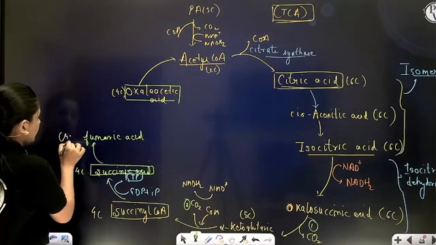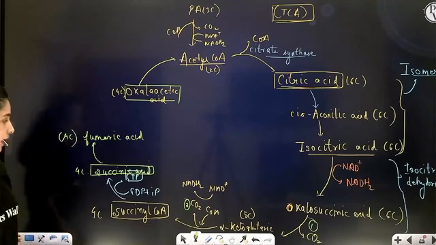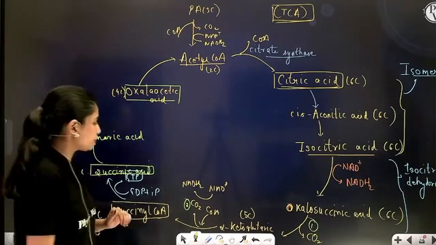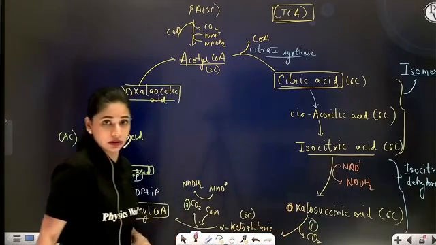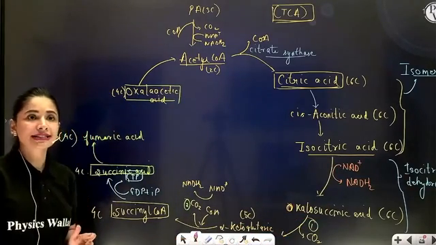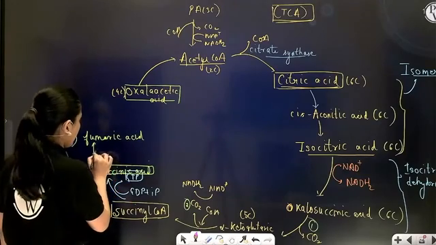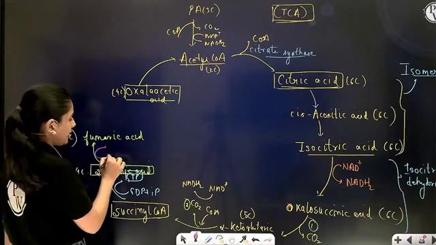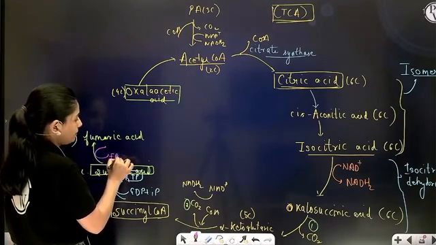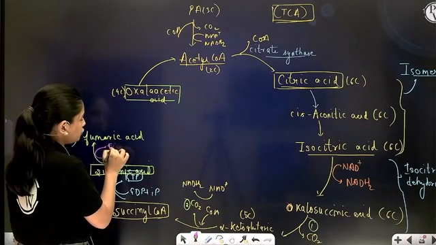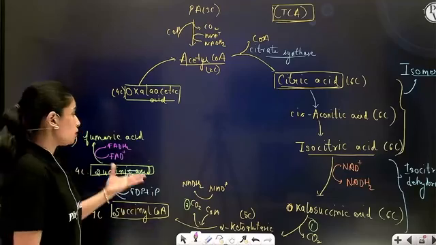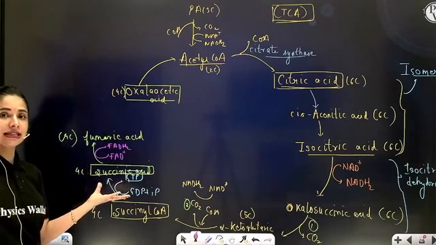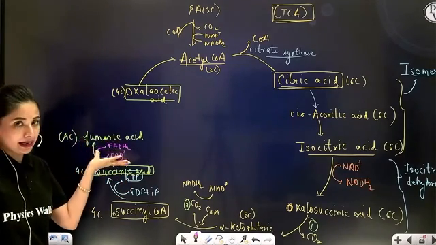In that case, this succinic acid will now be converted into another 4 carbon compound called fumaric acid. Right? Now the conversion of succinic acid into fumaric acid is also an oxidation reaction, but here the oxidizing agent is another redox equivalent, FAD positive, that itself gets reduced to FADH2, and in return oxidizes succinic acid into fumaric acid.